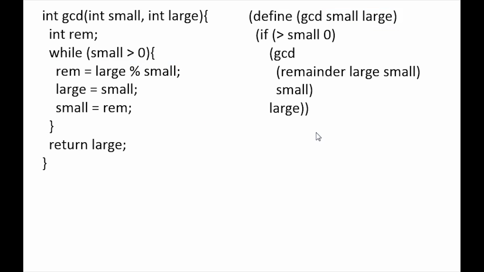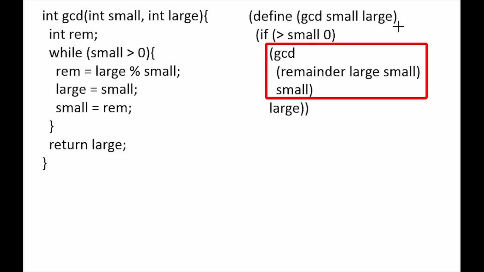Nevertheless, it's a functional program. There are no assignments, there are no side effects, there are no variables which change value here. In principle, from one call to the next, these variables, these parameters, are new variables which are introduced. In the optimization which follows tail recursion, we reuse small and large, but that's another story.